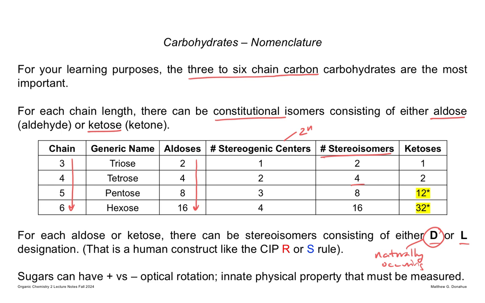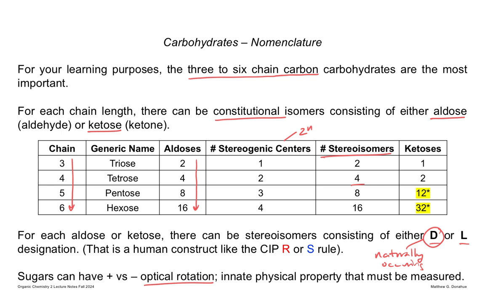So D and L, you can think of them as enantiomers. So carbohydrates have the D configuration. And associated with stereoisomers was this property of optical activity.